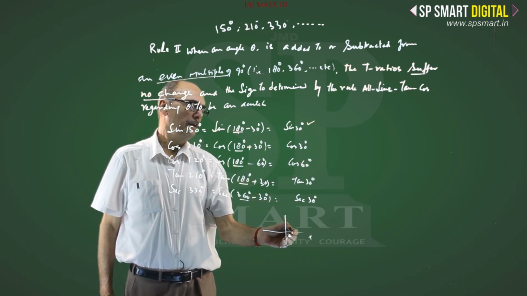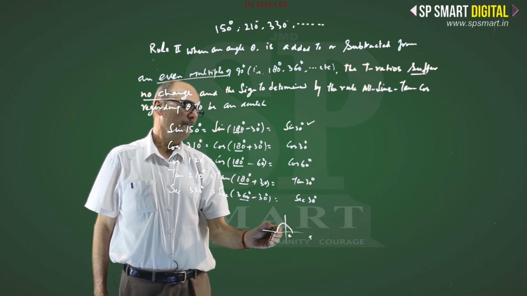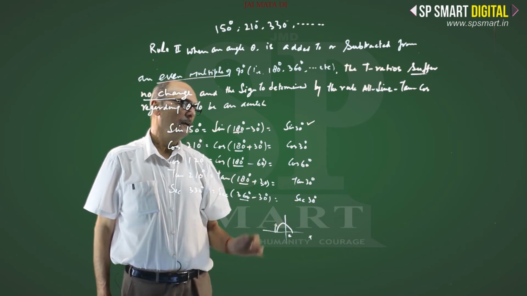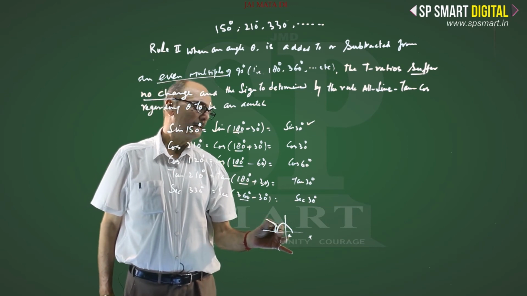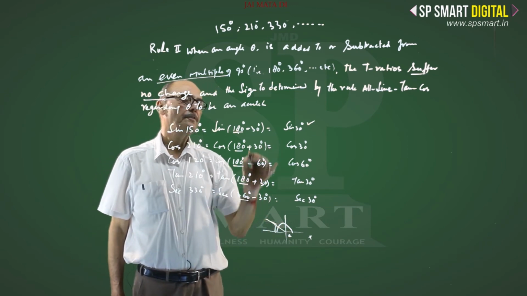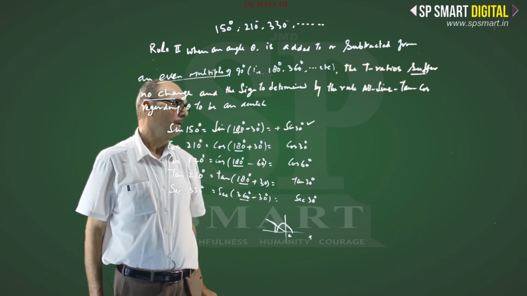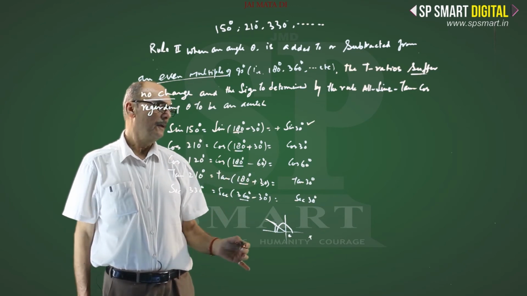This is 180 minus 30 degrees backward. If it is plus 30, we go forward. If it is minus 30, we go backward. So, this is the second quadrant. In the second quadrant sine is positive. So, we have positive.